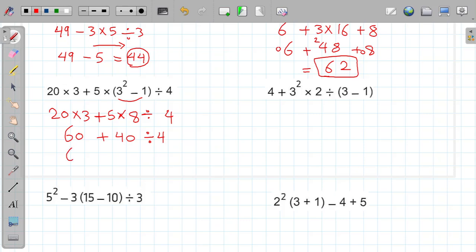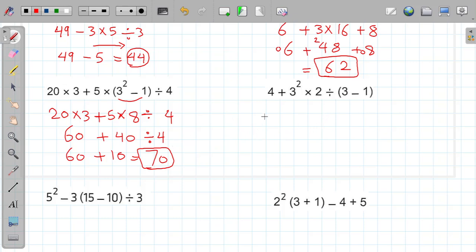Okay, so 60 plus 40 divided by 4, which is 10. So 60 plus 10 equals 70. So the final result is 70.